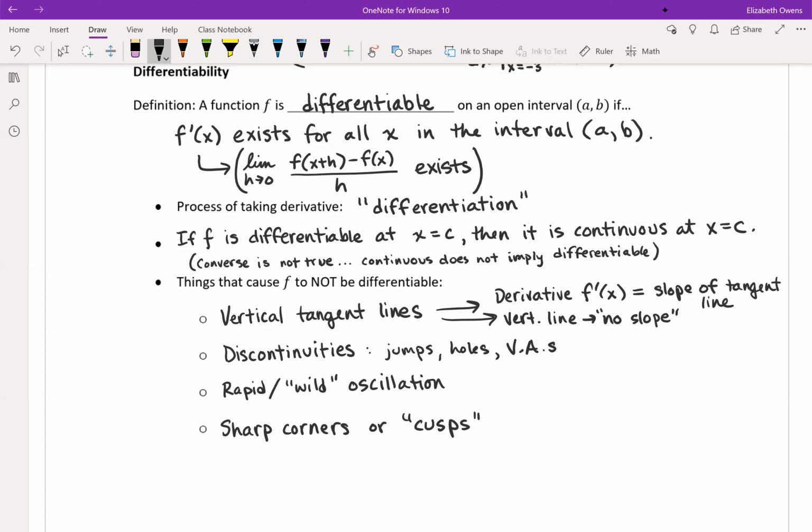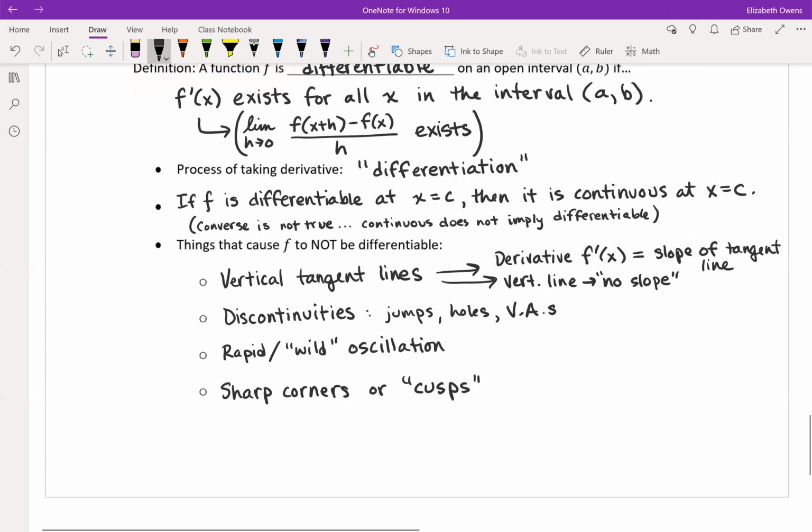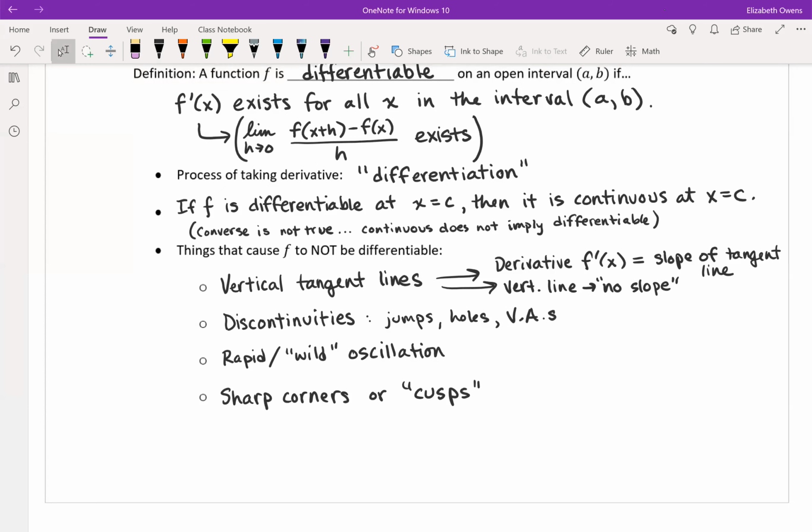A sharp corner on the graph is literally what it sounds like. So that would look something like this. That right there would be a sharp corner at x equals c.